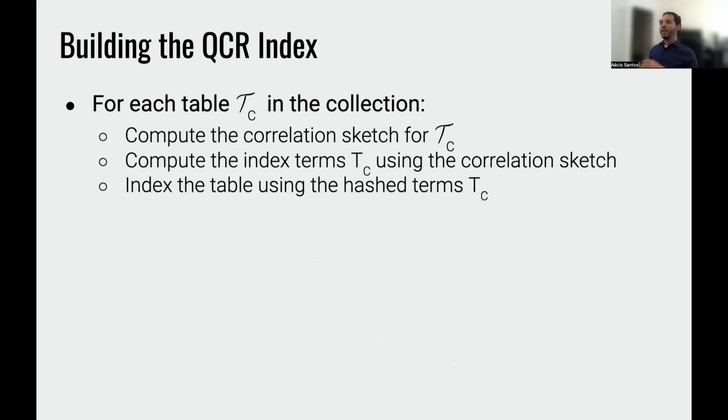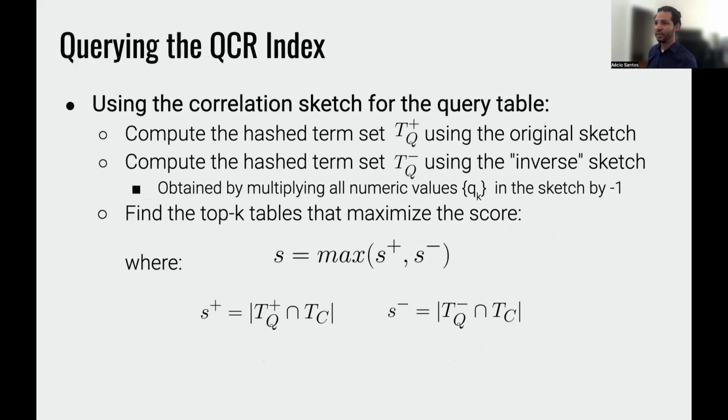So in summary, for each table in the collection, we first compute the correlation sketch, build the indexing terms, and then we add those sketches to the index using these hash terms. And then we use standard query processing to find the sketch that maximizes this score, S plus for strongly positive correlations, S minus for negative correlations.